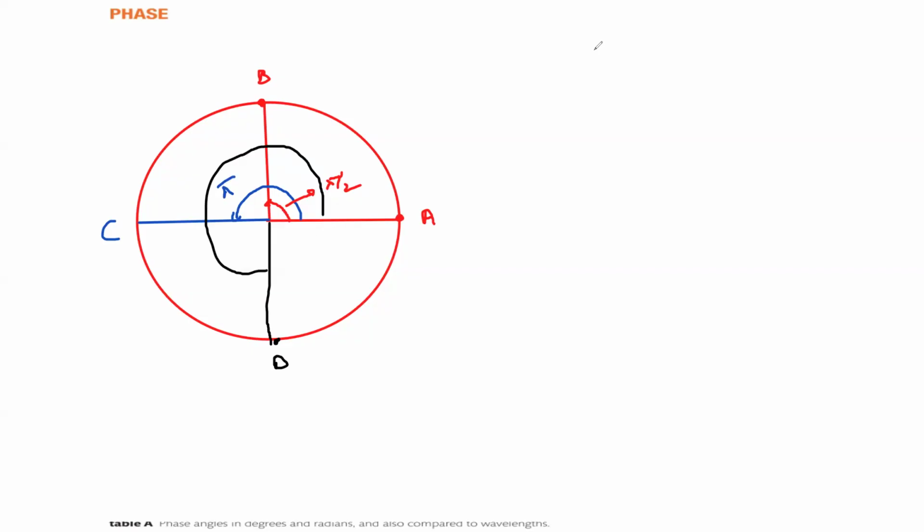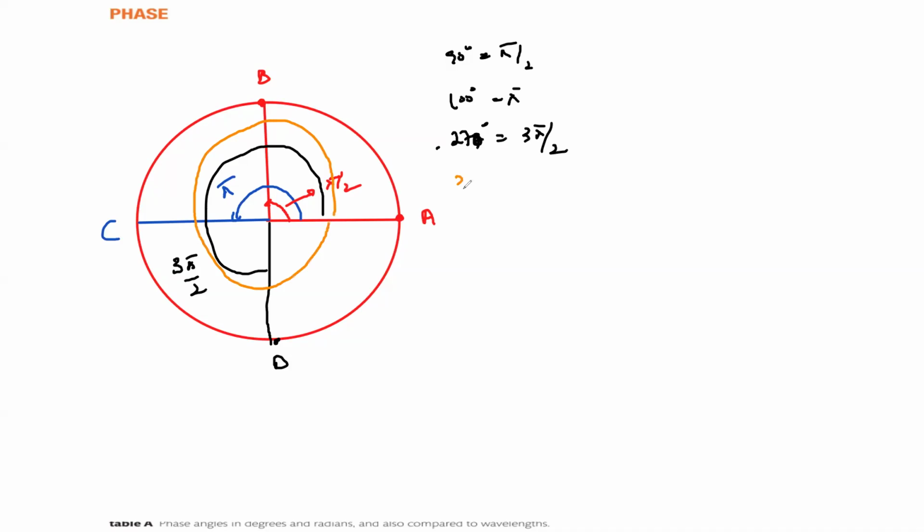Because pi radian is 180, this will be 3 pi by 2, because 90 multiplied by 3 makes 270. 90 degrees is pi by 2, 180 degrees equals pi, so 270 degrees is 3 pi by 2. And when it returned back to the same position A, how much has the angle changed? If it returned back, the angle has changed by 360 or 2 pi.